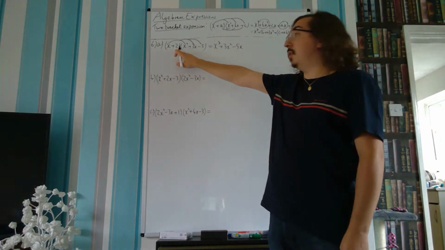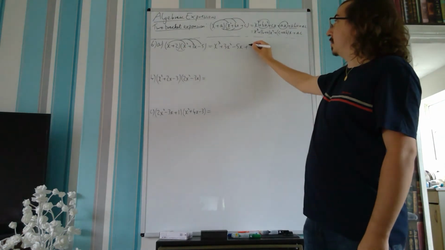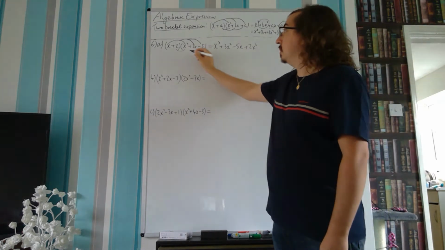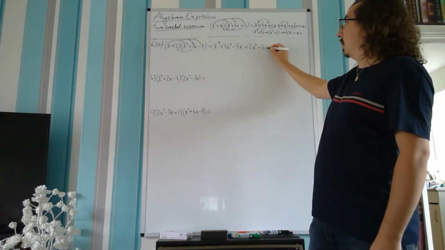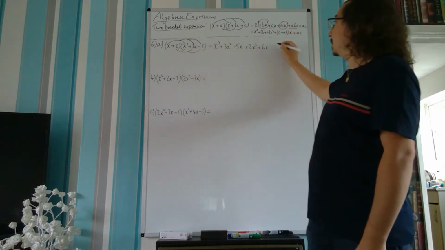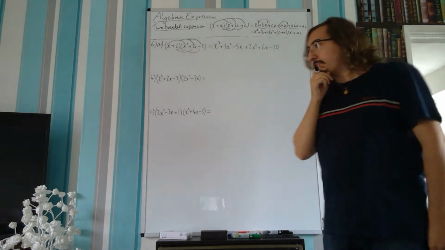Moving to the second term then, we have plus 2 times x squared is plus 2x squared. 2 times the 3x is plus 6x. And 2 times the minus 5 is minus 10.